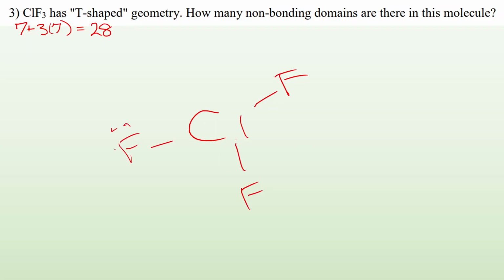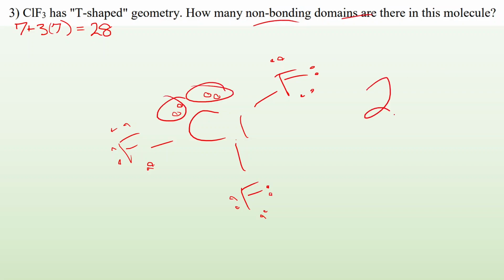And when you finish the octets for the fluorines, which I'm going to do sloppily here because who wants to see me draw dots? You will have placed 24 of the 28 valence electrons, which means you have 2 pairs of electrons going on chlorine, the central atom. So how many non-bonding domains are there? Well, there's 1, 2. There's 2 non-bonding domains.